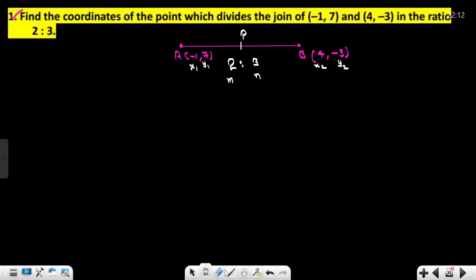Again write the section formula. What is the section formula? Section formula means a point on a line segment coordinate.